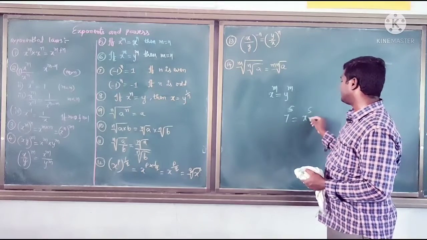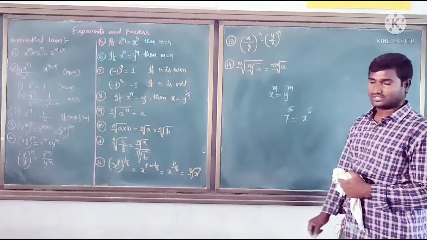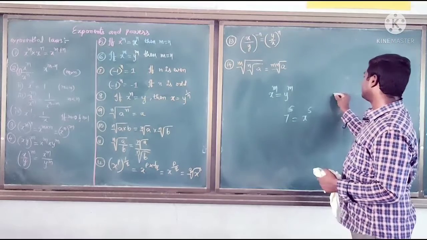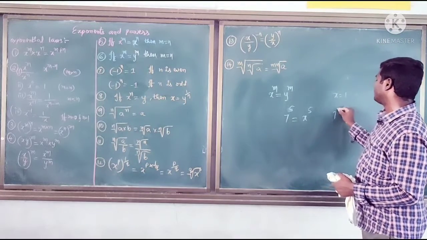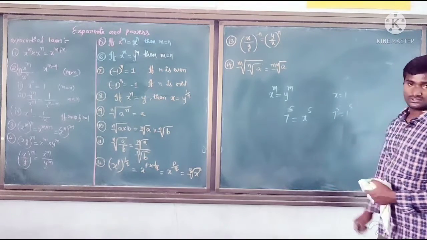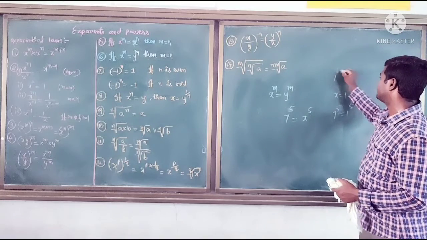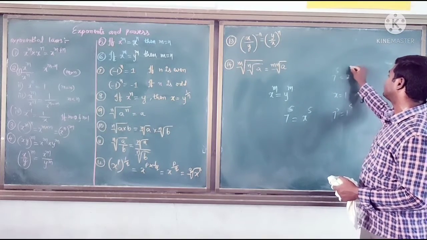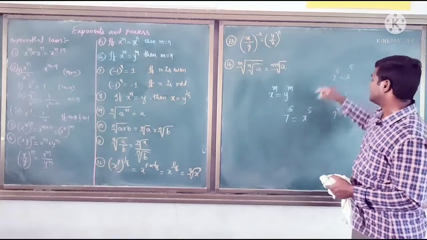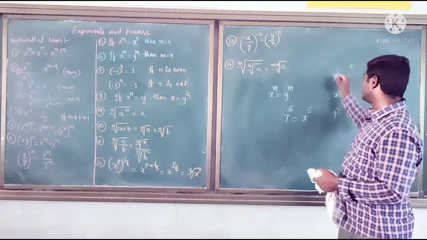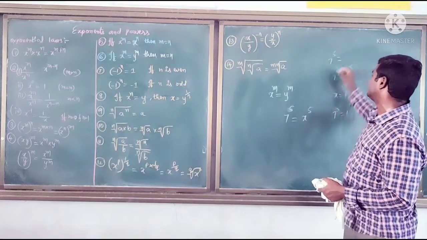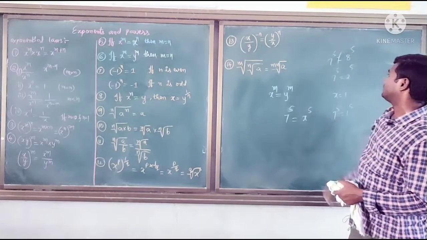See, at what value of x do these two numbers become equal? If you take x is equal to 1, 7 power 5 equal to 1 power 5? No. If you take 7 power 5 equal to 2 power 5? No. If you take x is equal to 8, 7 power 5 equal to 8 power 5?